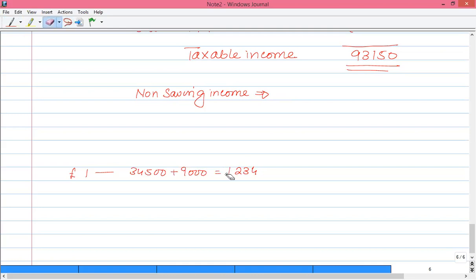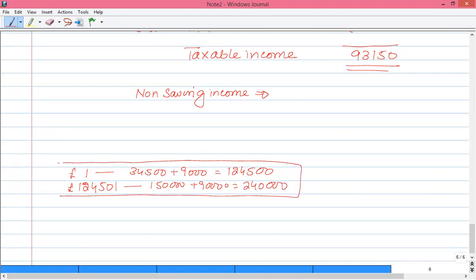It would become 124,500. The second band would be 124,501 till 150,000 plus 90,000, that is 240,000. So this is the band. As we know that if there is any gross personal pension contribution, then you have to extend your basic rate band and additional rate band.